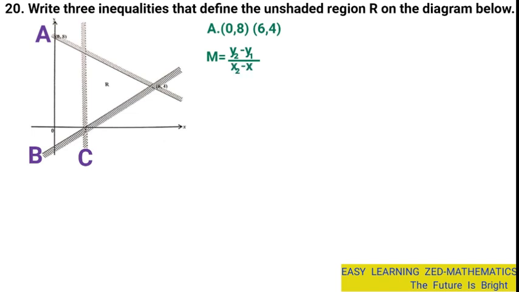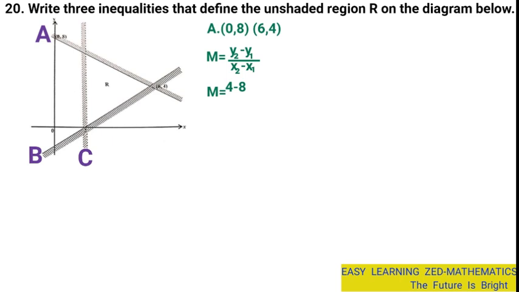Then I'm going to identify the numbers that stand for y2, y1, x2, and x1. In the pair of coordinates 6, 4, 4 stands for y2. So I'm going to write 4 minus 8, because y1 is represented by 8 in the first coordinates.